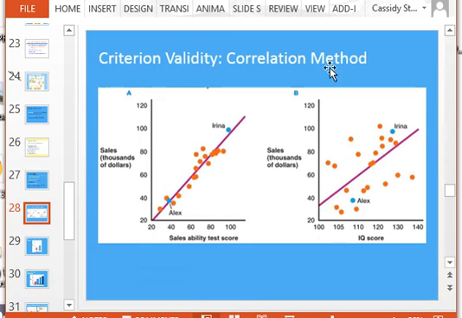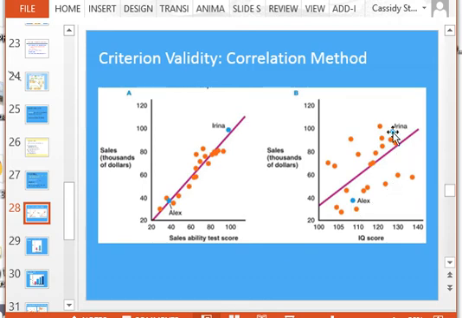On the other hand, if we're measuring whether intelligence has anything to do with whether you're good at sales or not, there might be some relationship. If you're smart, you tend to be good at other things, but it's probably not going to be as good as a specific test of sales. So here, if somebody scores high on the IQ test, some of these people don't sell as much as people who scored lower on the IQ test.